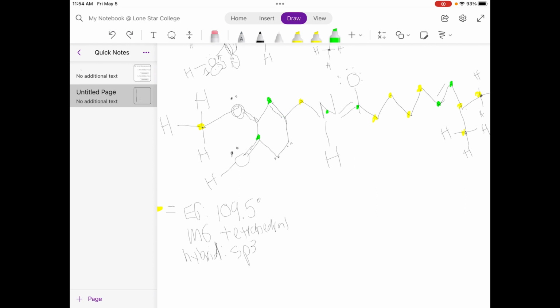Let me redraw that. This is also a trigonal planar. You can actually see the triangle on that one. Actually, forget I said that. That makes no sense. Okay.